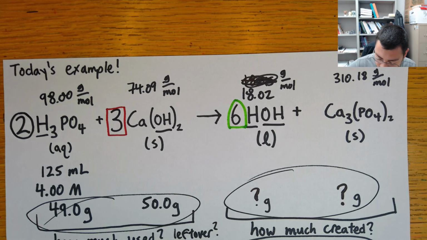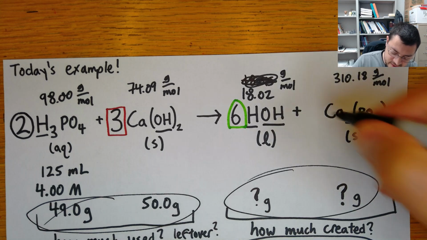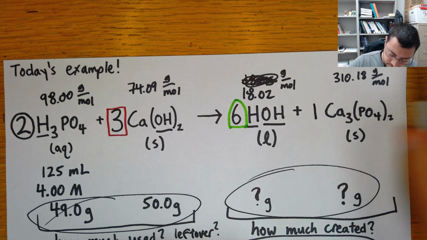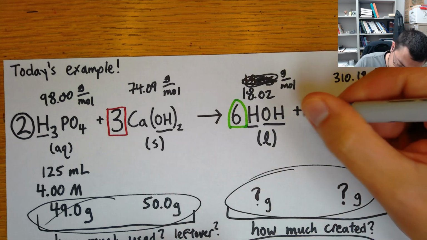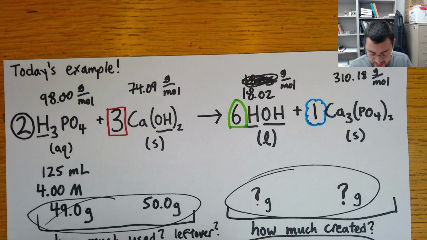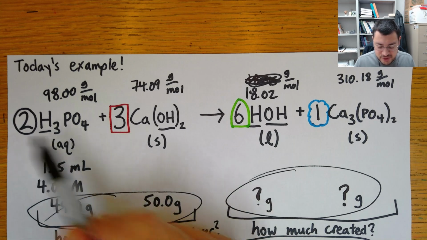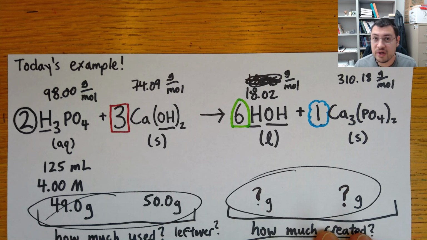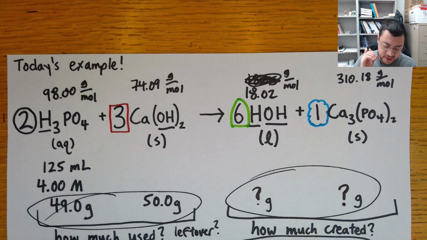And then I'll use a blue fluffy cloud. We have 1 calcium phosphate, so I'll put a 1 here, with the blue fluffy cloud for that coefficient. We'll use these colors as being associated with each of the chemicals so that we don't get lost in all the text being written out. I feel like the colors make things easier to observe and organize.